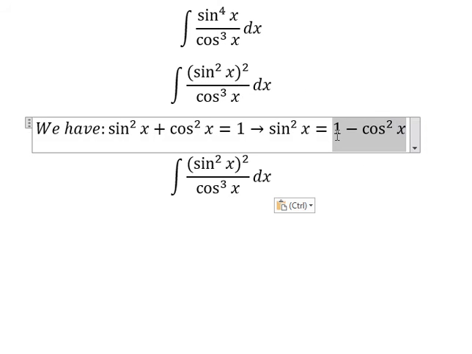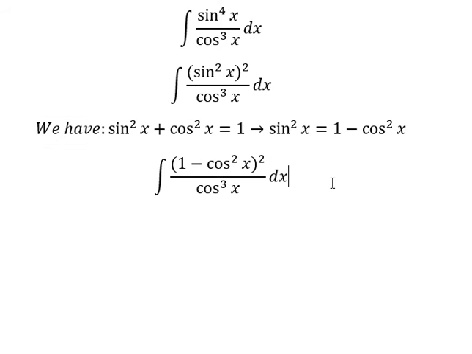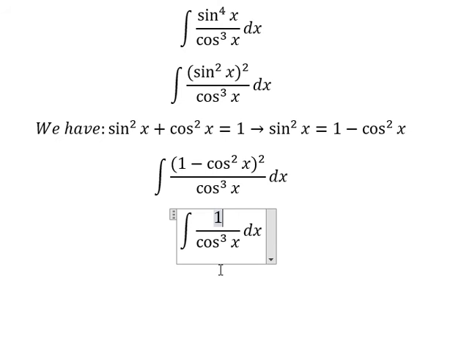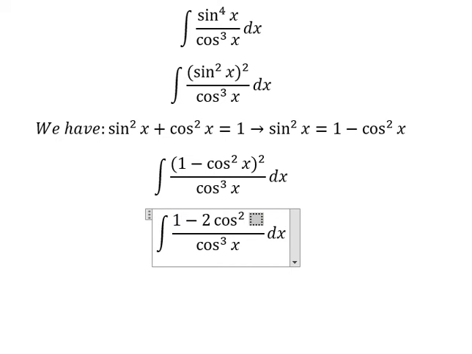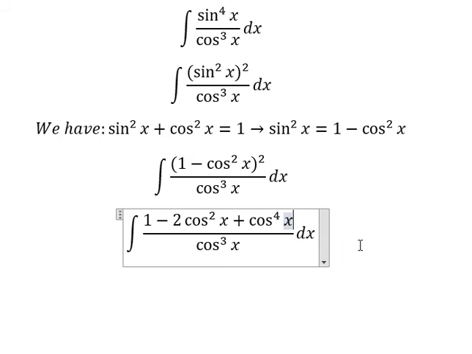So we put this in here. And now we need to expand this, and you get 1 minus 2 cosine x squared plus cosine x to the power of 4.